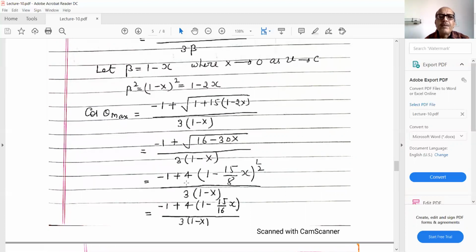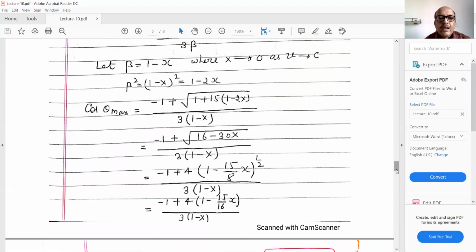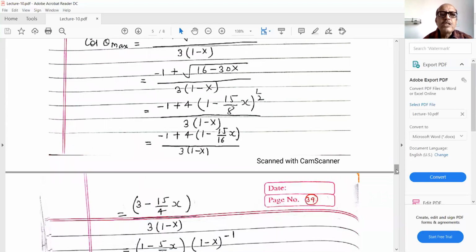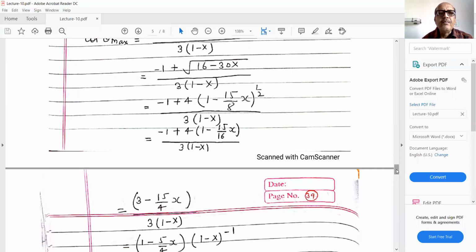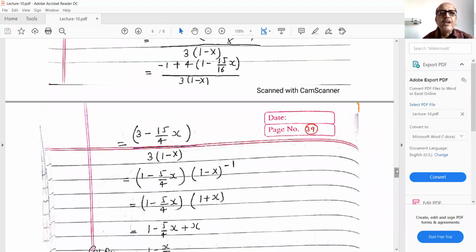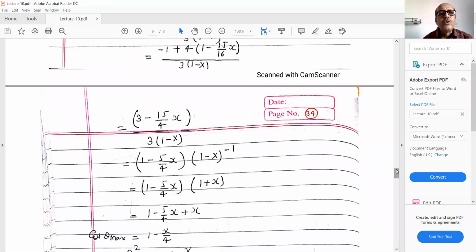We again make use of the binomial theorem. So this half goes inside, and we have 1 minus 15 upon 16 x. And in the denominator, we have 3 into (1 minus x). So the denominator now has minus 1 plus 4. It's basically 3 minus 15 upon 4 into x, divided by 3 into (1 minus x). So I have divided by 3.